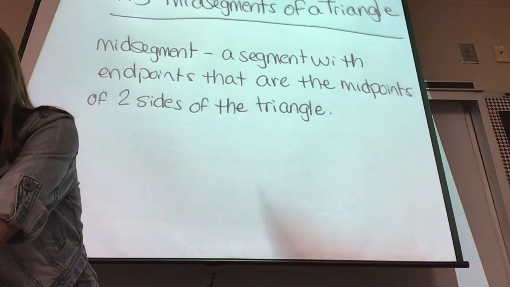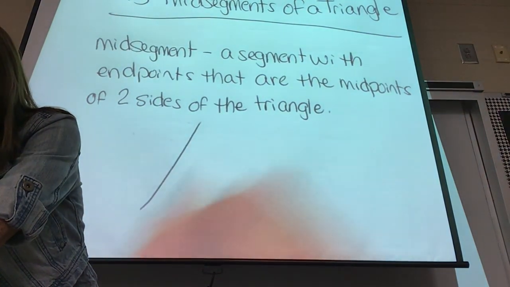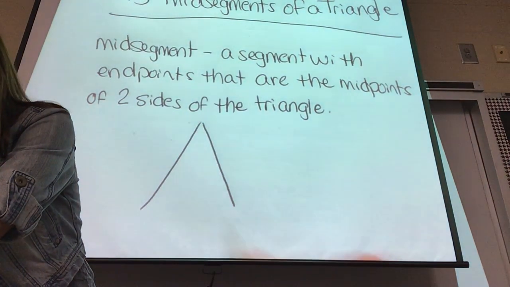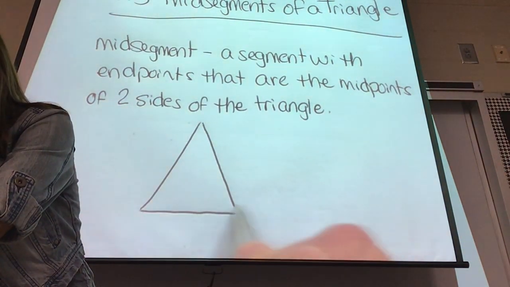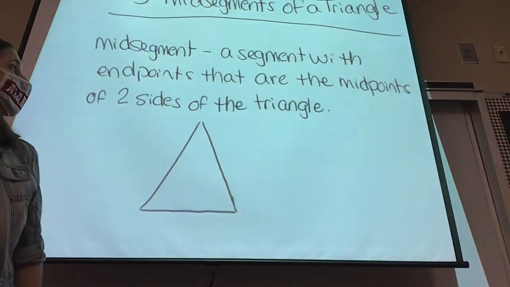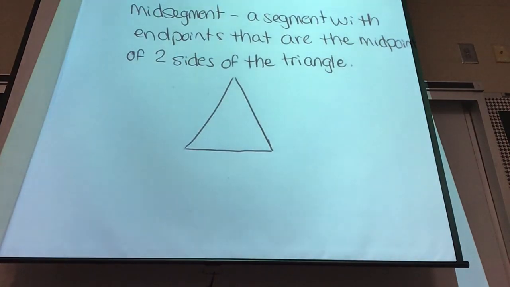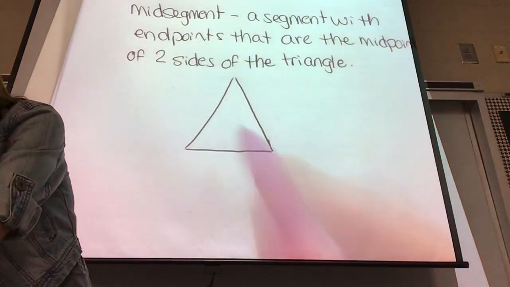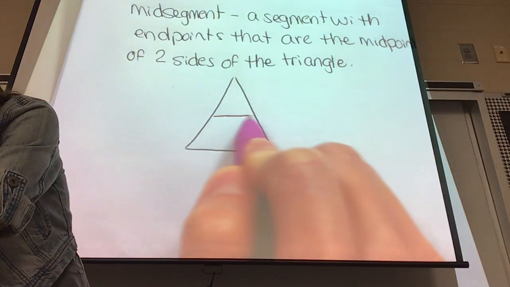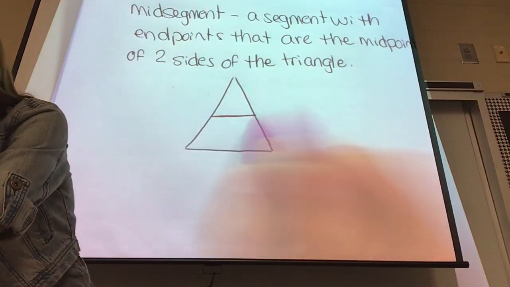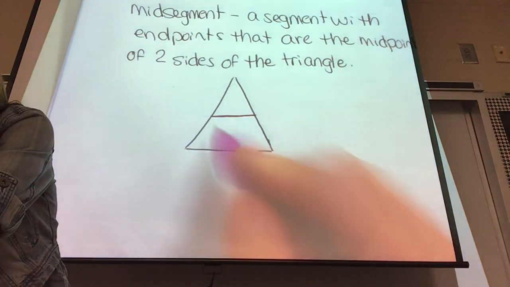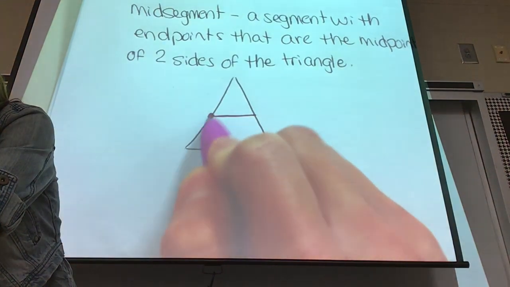Okay. So if we have a triangle, any kind of triangle, it doesn't matter what kind, what it tells me is that I'm going to have a mid-segment. Now remember when we did trapezoids, the mid-segment was the line that cuts it through here, and it has endpoints.